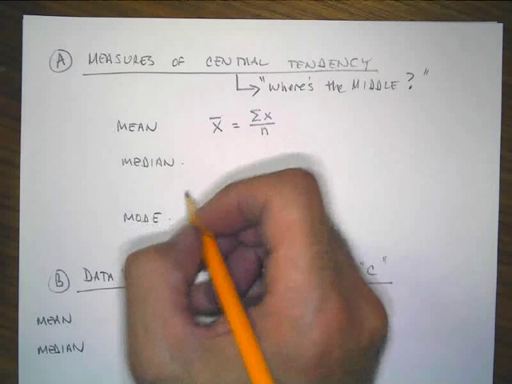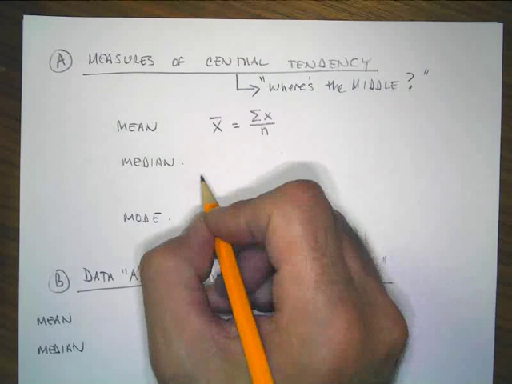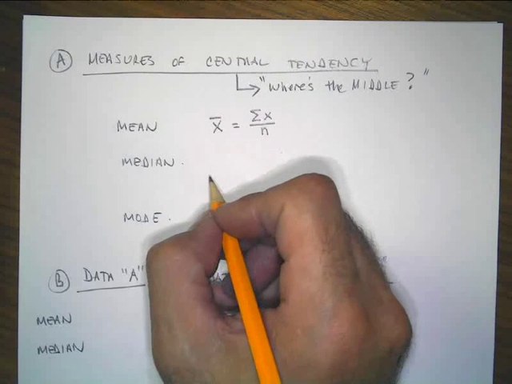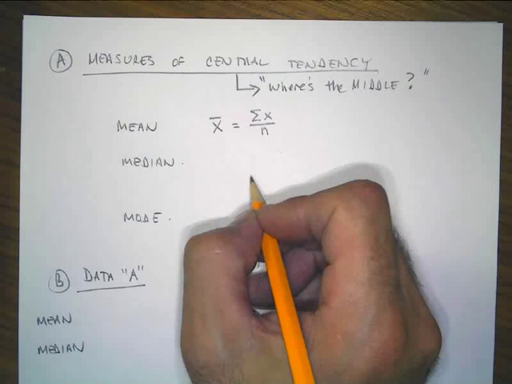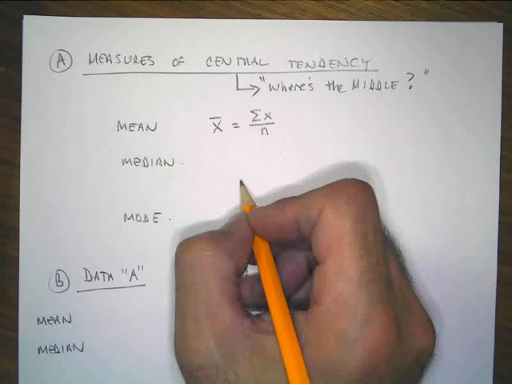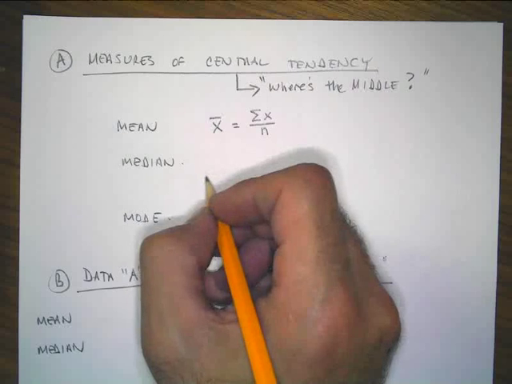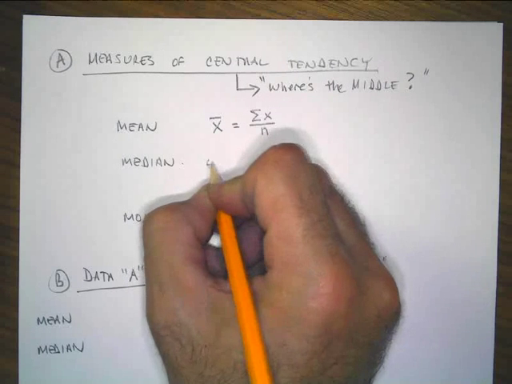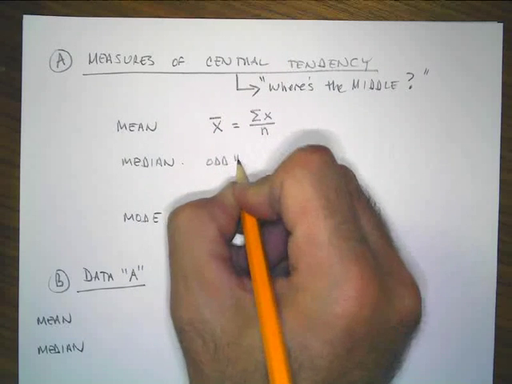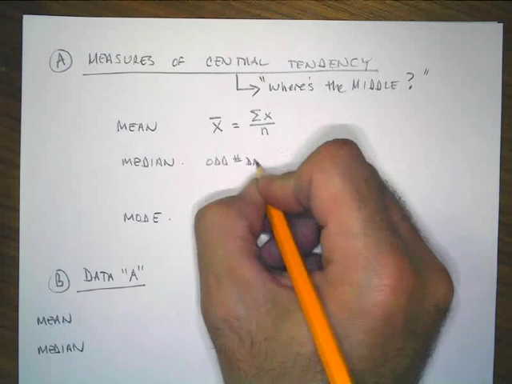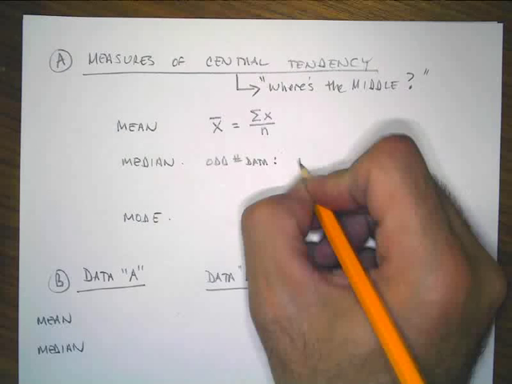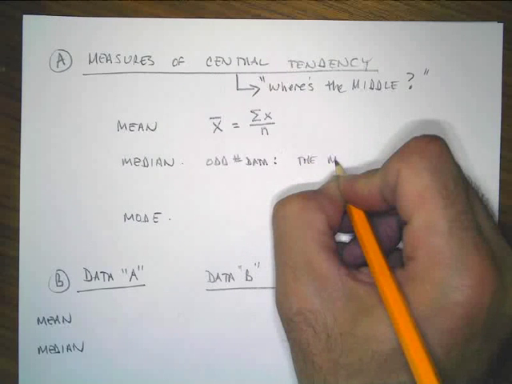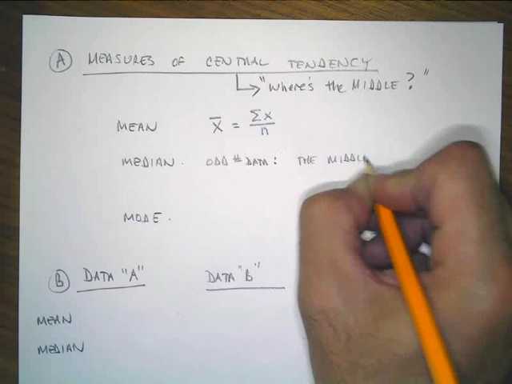The median is the middle value. If you line up all the data from small to large and find the number that's physically in the middle, that is the median. But there's a problem. If you have an odd number of data, then the median is the middle value.